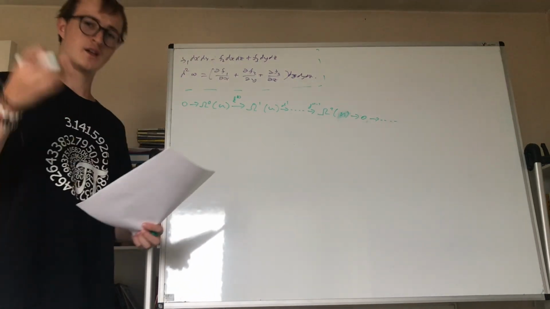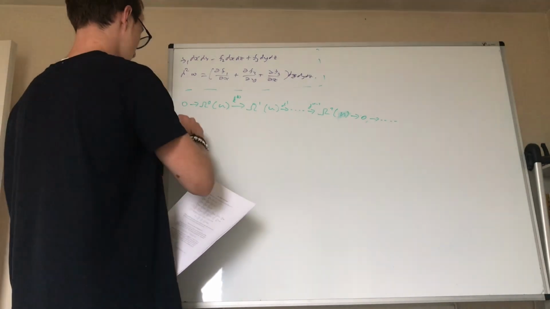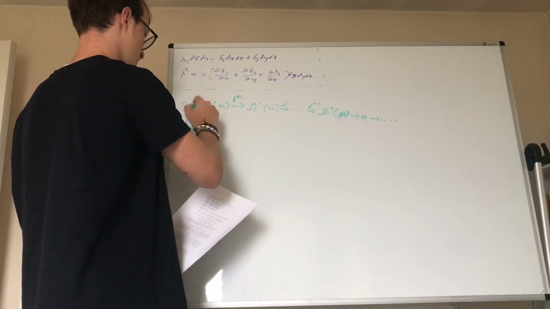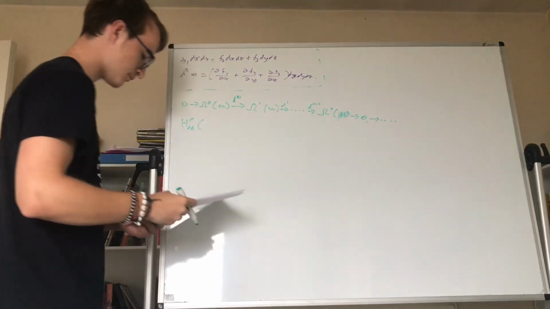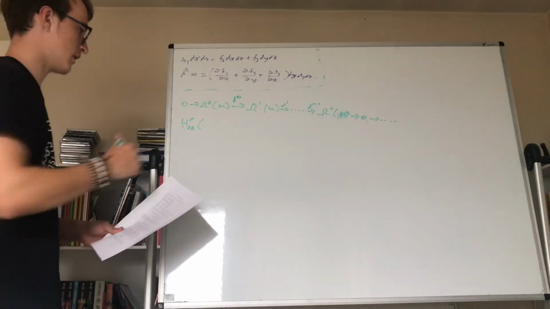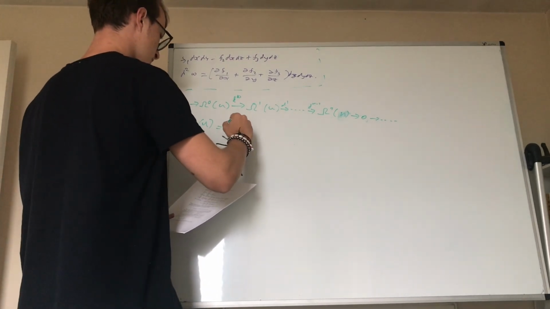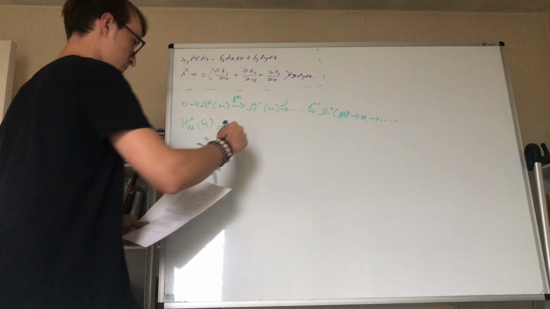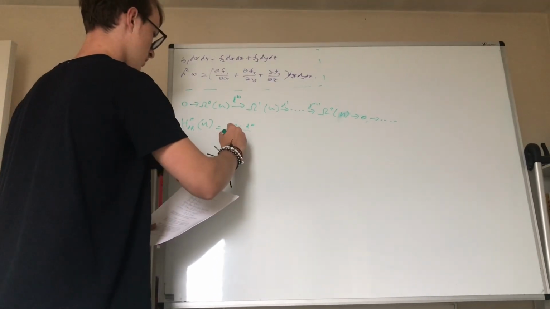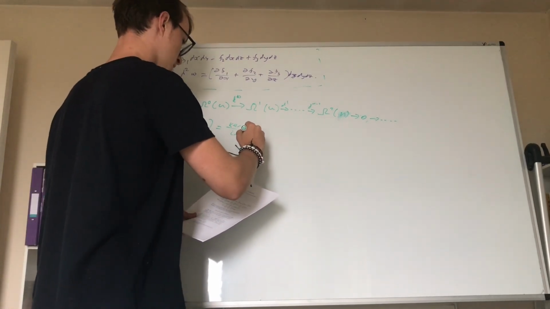And of course, if you've watched the previous videos, you'll already know that the pth de Rham cohomology of U is equal to the kernel of dp mod the image of dp minus 1.